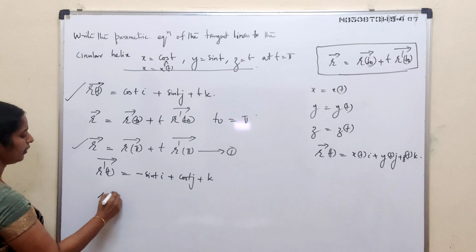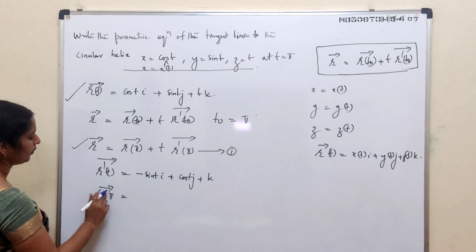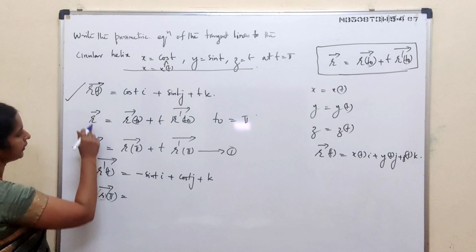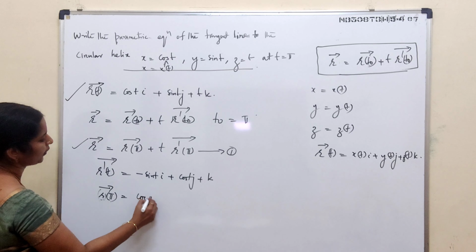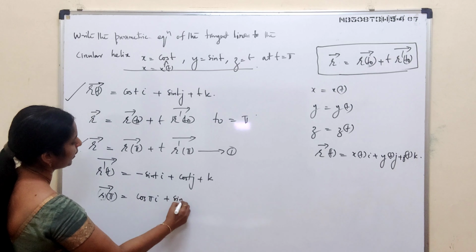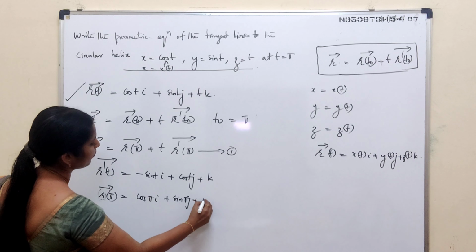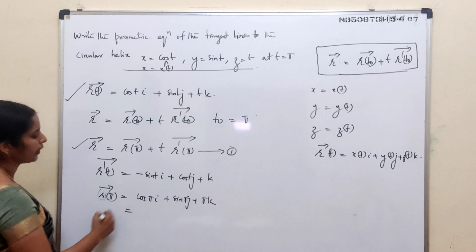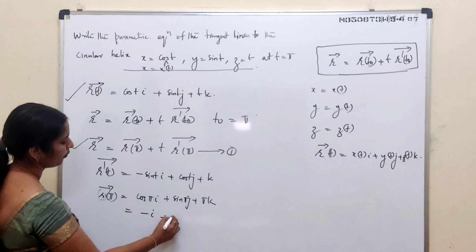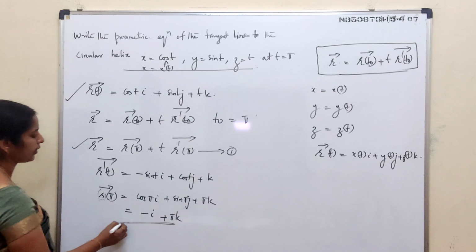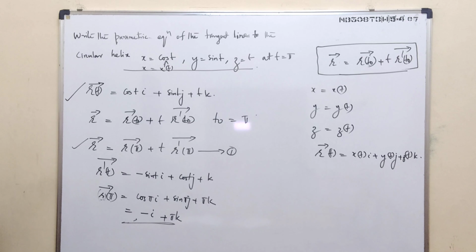Next we have to find r of pi. What is r of pi? See, r of pi is, you put t equal to pi, it is cos pi i plus sin pi j plus pi k. What is cos pi? It is minus 1. Sin pi is 0. See, this is r of pi.